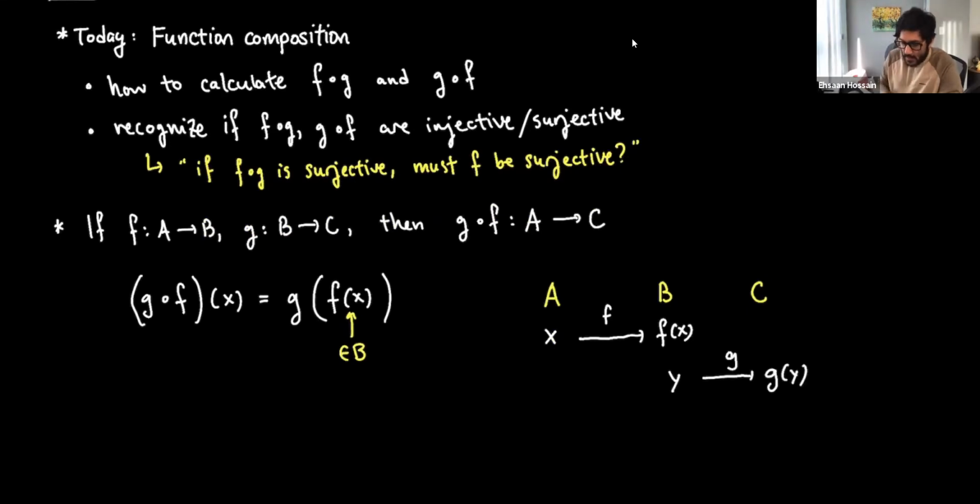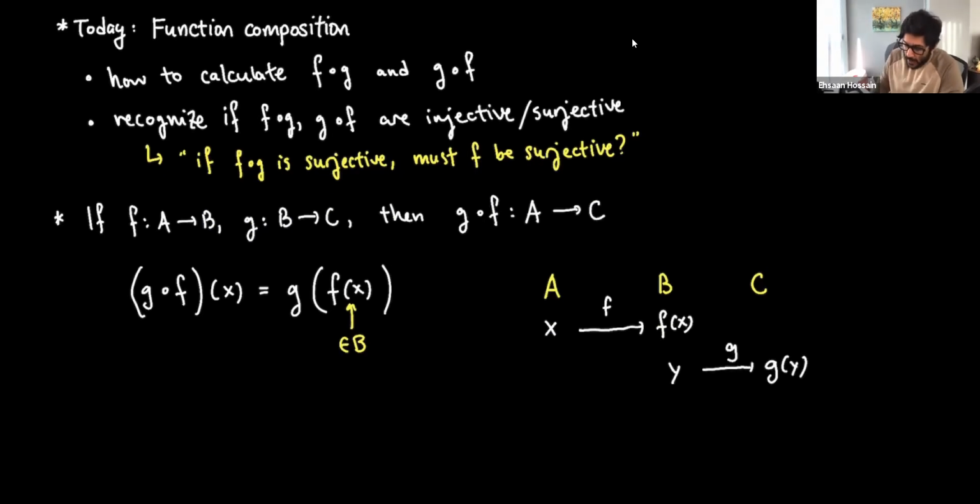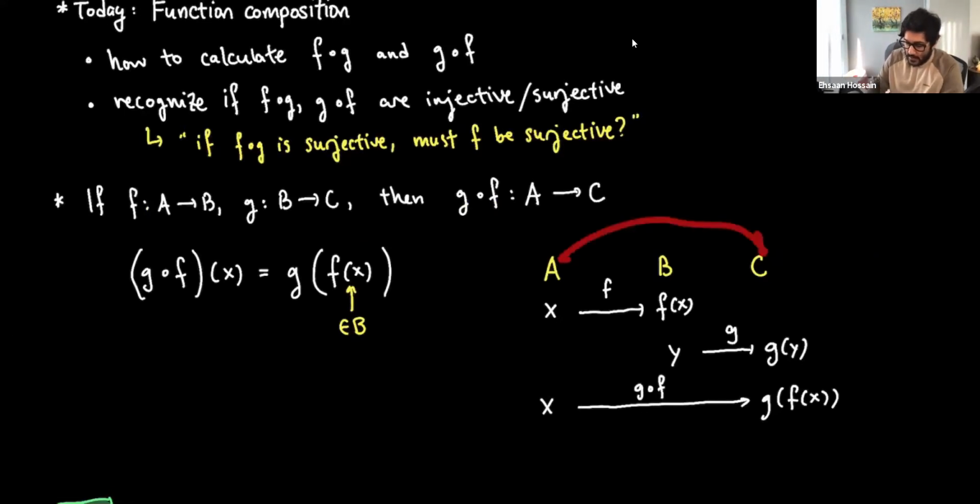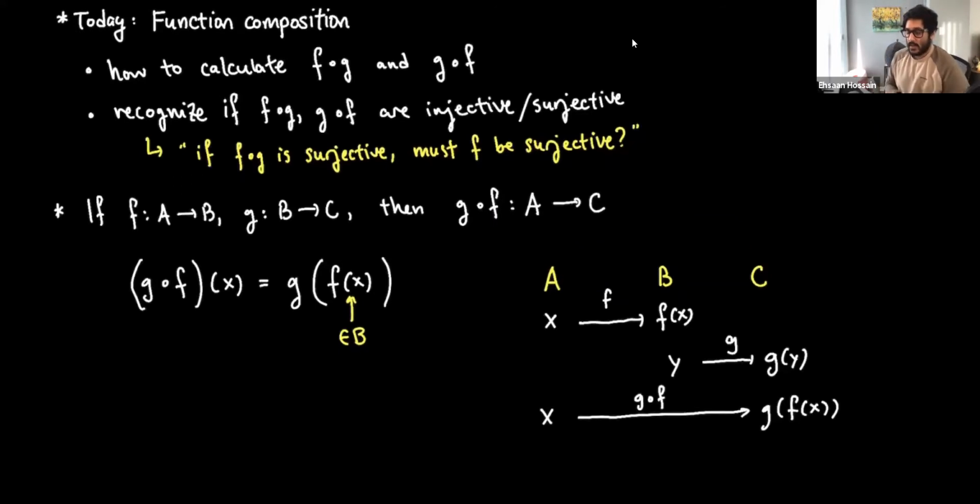That's G. So what G∘F does is it sends x, it passes through B, and it gives you G of F of x. That's G∘F. It goes straight from A to C. Okie dokie. That's what composition looks like.